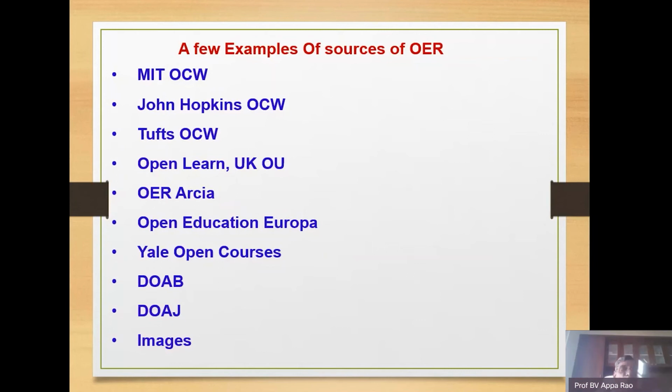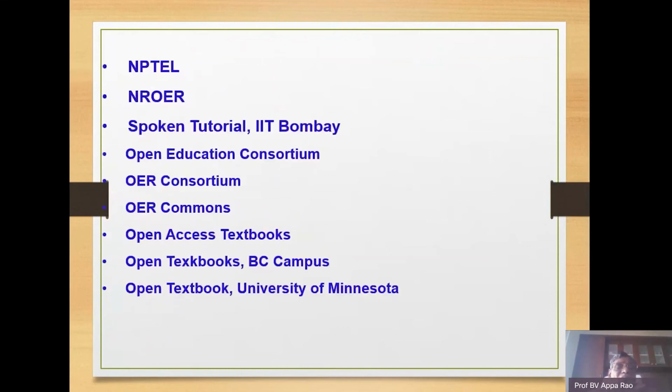That means you go to those websites, then you can see what information is available there. Depending upon your need, you can get a particular OER from those websites. These are the sources of OER. NPTEL from India is a source of OER.